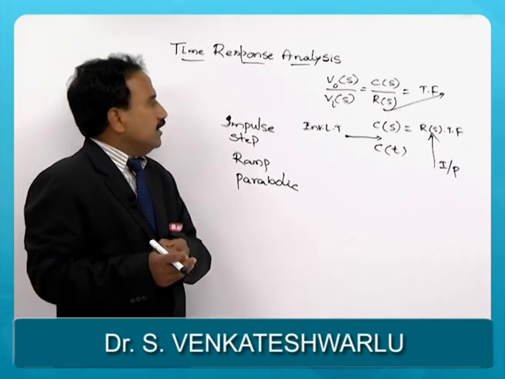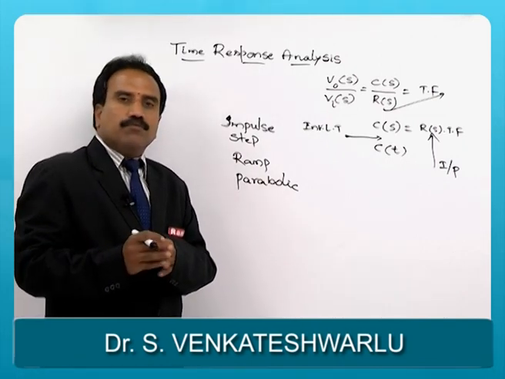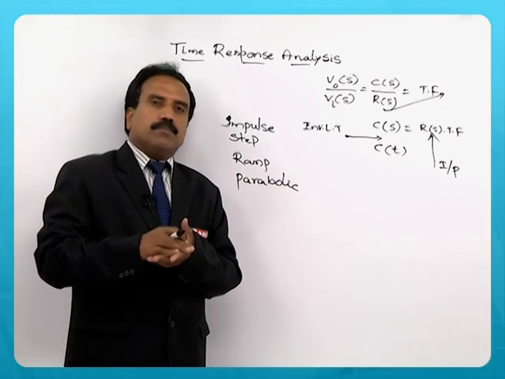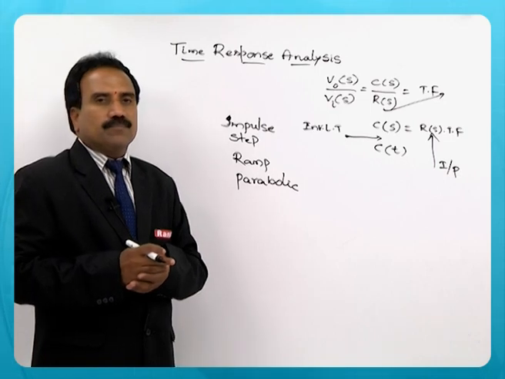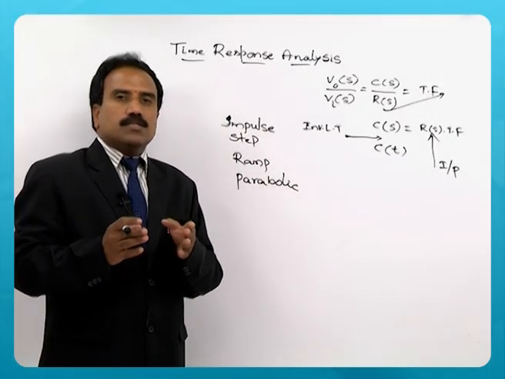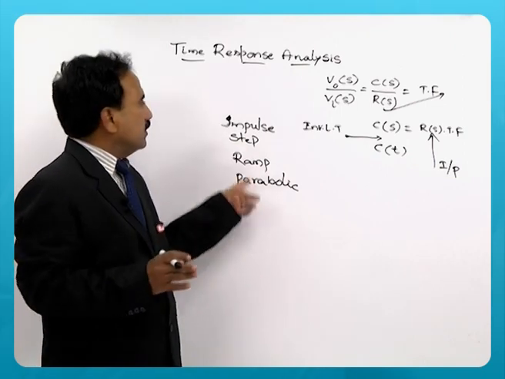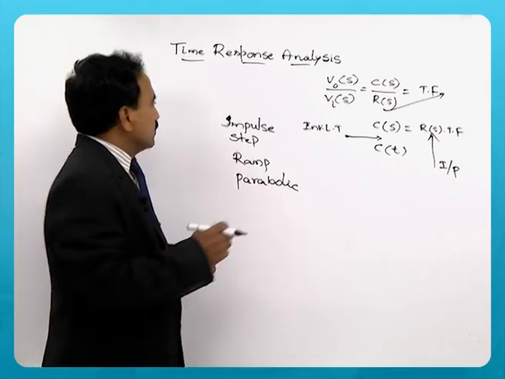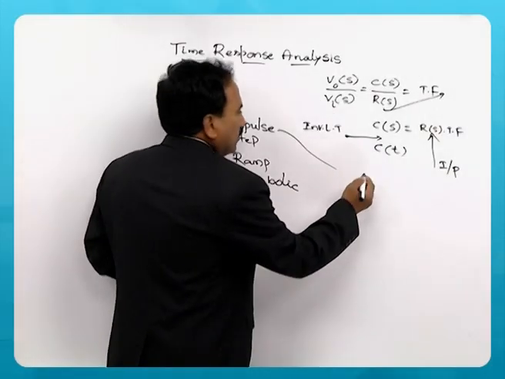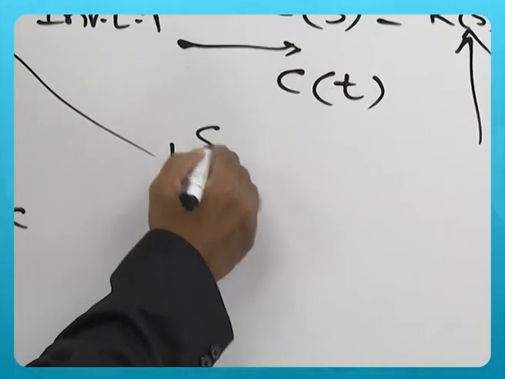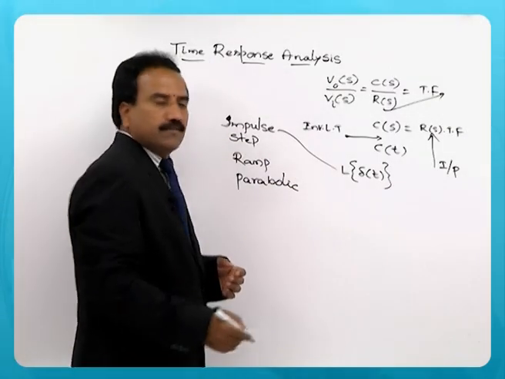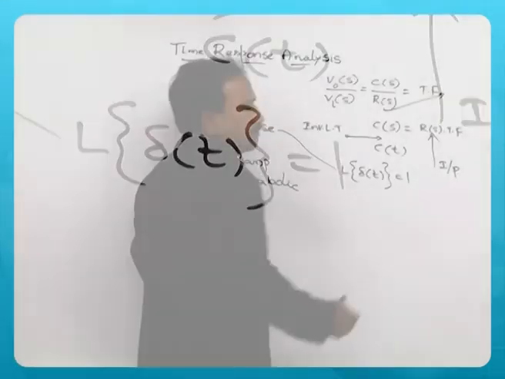As I indicated just before, the response will have a transient part and a steady state part. We need to see that for various inputs. There is a definite relation between these signals. The Laplace transform of the impulse signal, represented by delta of t, is 1.